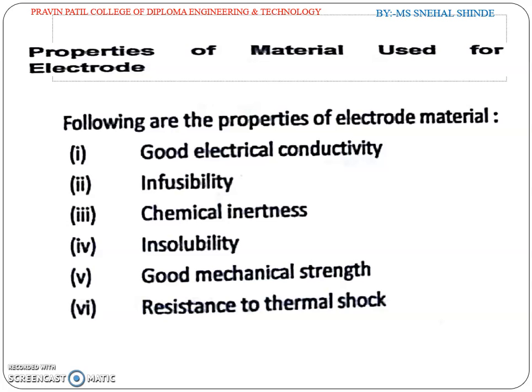The properties of the material used for electrodes are: good electrical conductivity, infusibility, chemical inertness, insolubility, good mechanical strength, and resistance to thermal shock.